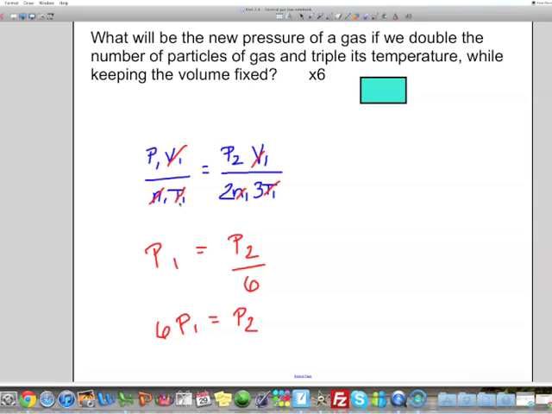And they say that the temperature is tripled, so I would have to put 900 Kelvin on this side. And by the way, when they talk about the temperature and they say it's doubled and tripled, they always talk about the Kelvin temperature. This does not work with Celsius. So you can assign values like this. As long as you're consistent with what the problem says, you will find the same answer in the end. So that's it for your general gas law, and stay tuned for your next episode.